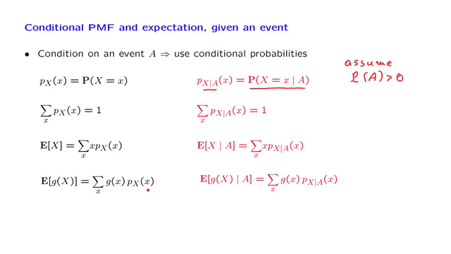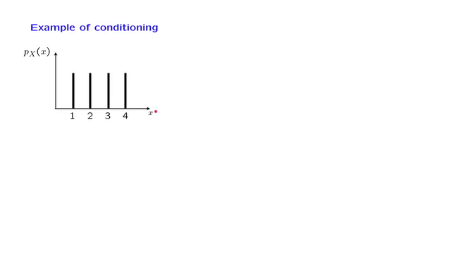So to summarize, conditional models and conditional PMFs are just like ordinary models and ordinary PMFs, except that probabilities are replaced throughout by conditional probabilities. Let us now look at an example.